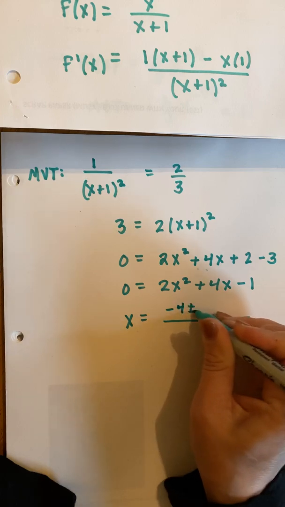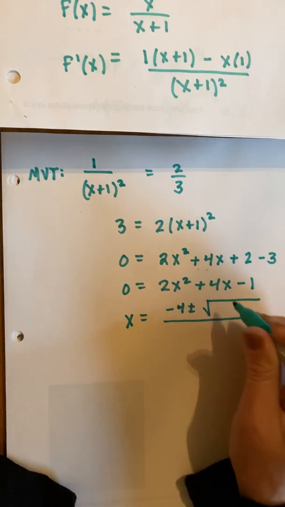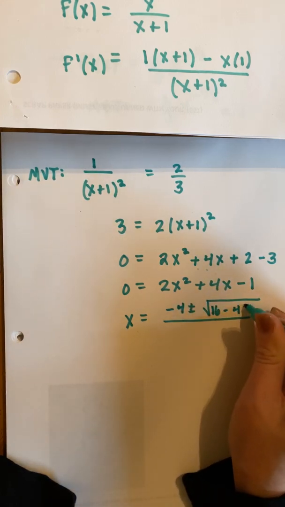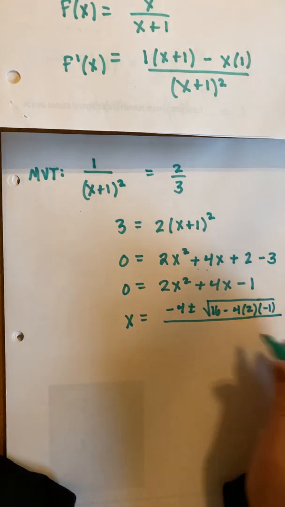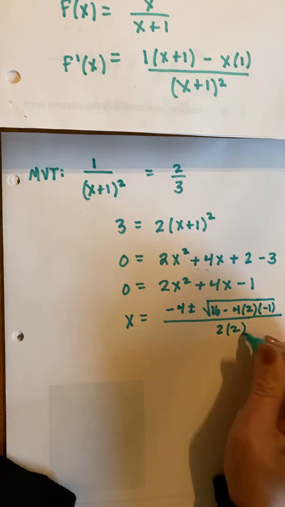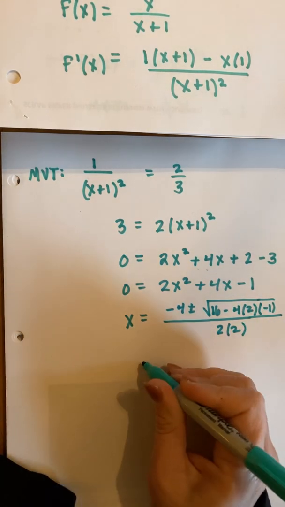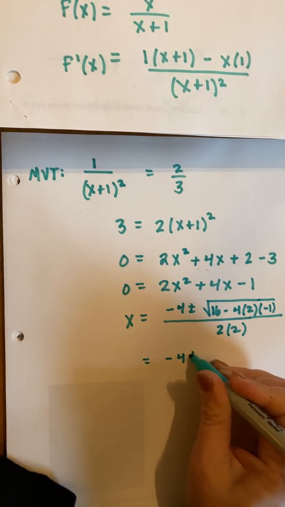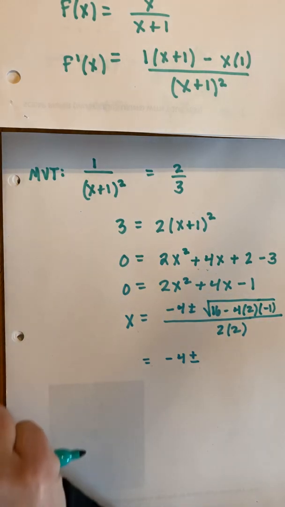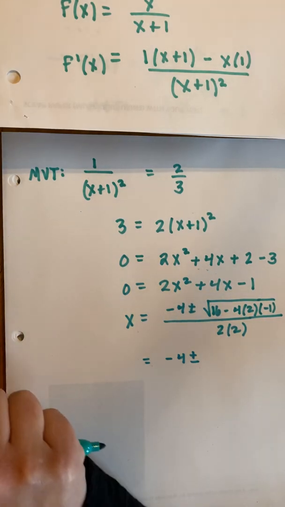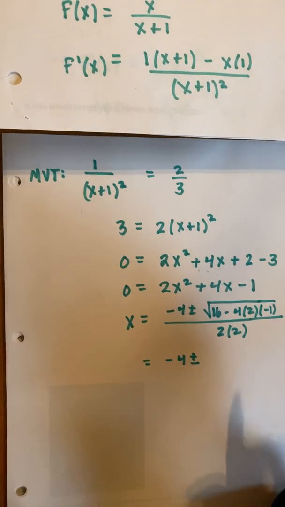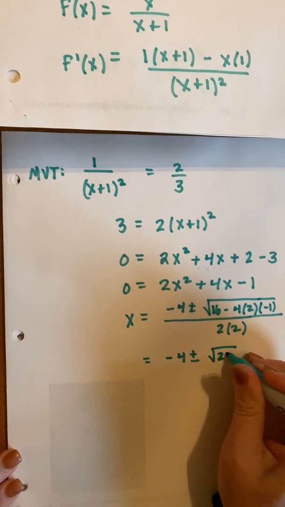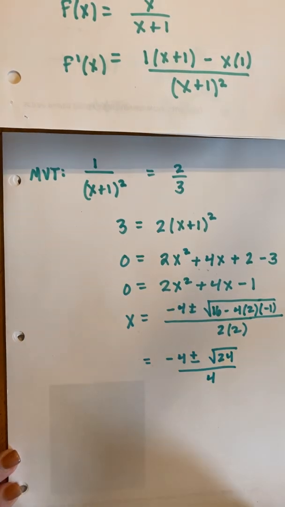-b plus or minus the square root of b squared minus 4 times 2 times -1 all over 2 times 2. That's going to get me -4 plus or minus the square root of 16 minus 4 times that. It's going to be 24, all over 4.